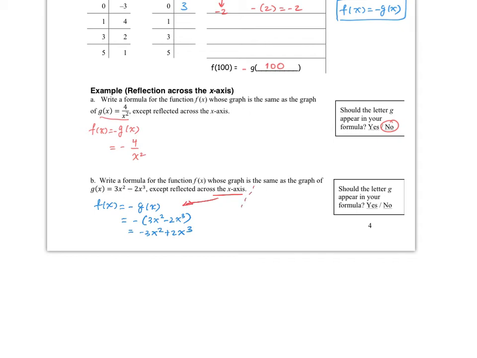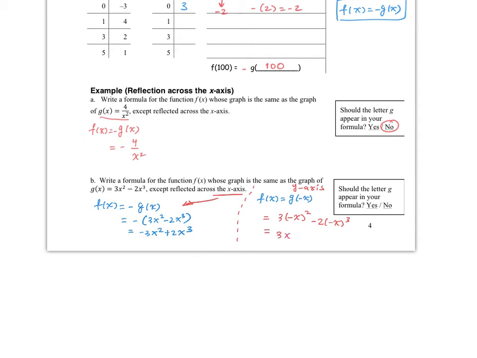Now, so that you can see the difference between the x and y axis, which we just did the y axis in the previous page. If I ask you about the y axis, then f of x will be g of minus x. So this will be the y-axis, so you can tell the difference. So in this case, this will be 3 times minus x squared minus 2 times minus x cubed.